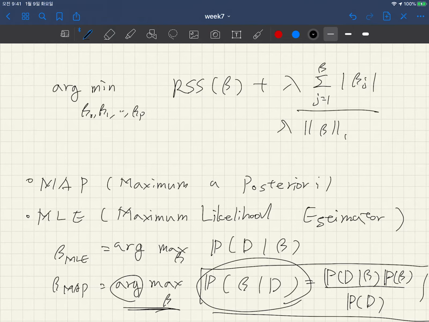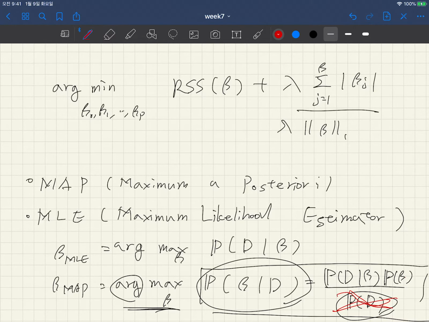If the denominator is the same for every parameter beta, we can simply ignore it, and this is the case: the probability of D does not depend on the parameter. So the MAP process is the argmax over beta of the probability of the data for a given beta times the probability of beta.